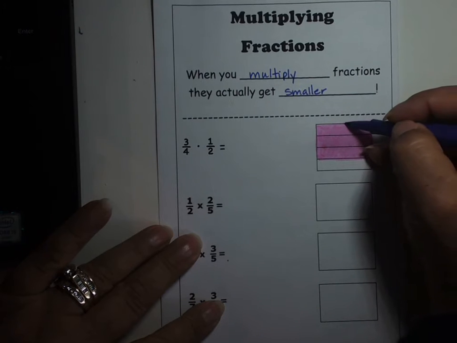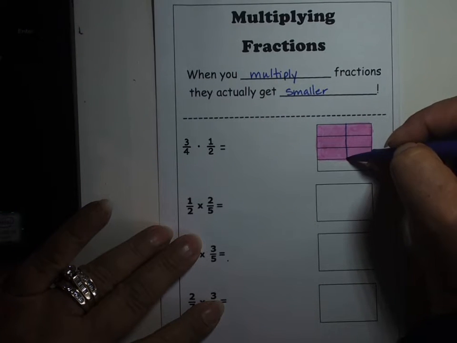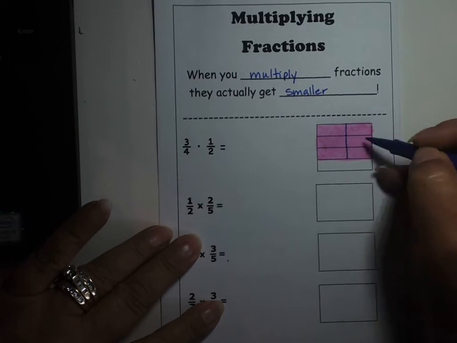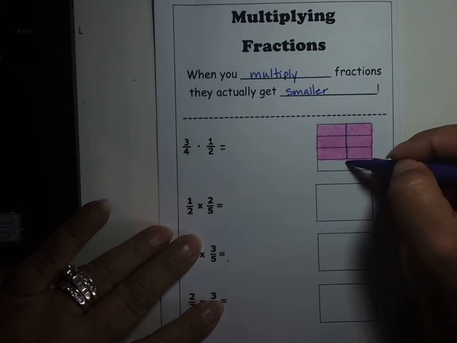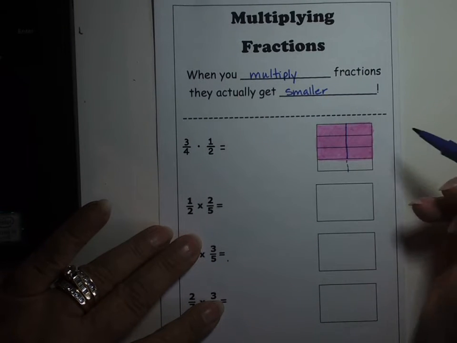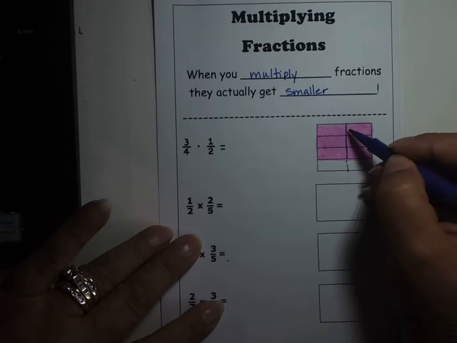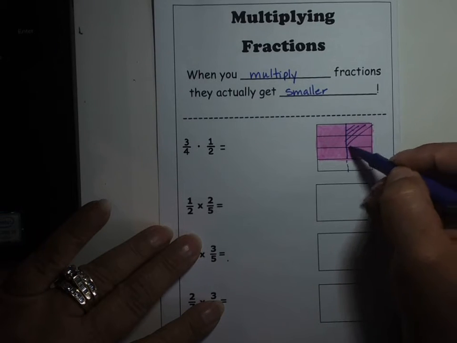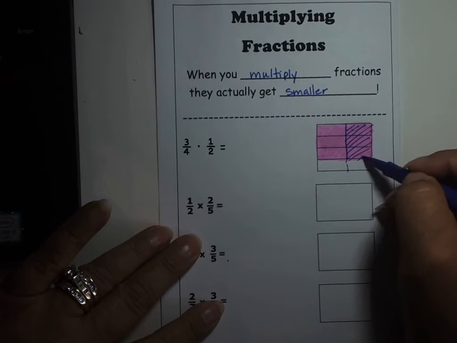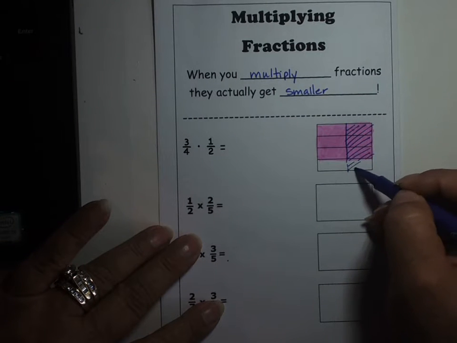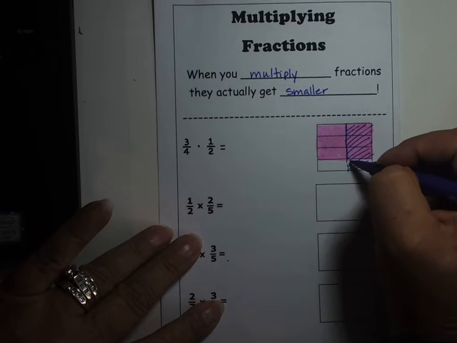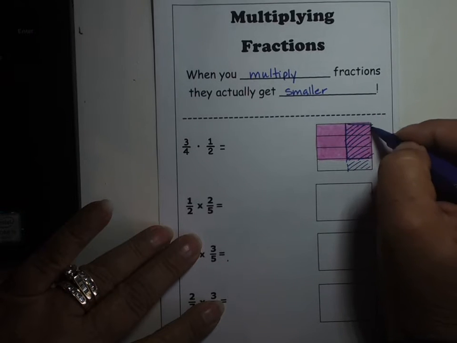So I'm going to cut it in half and give him this half. Down here is just an imaginary part, but we're going to include it. So he gets this part right here.